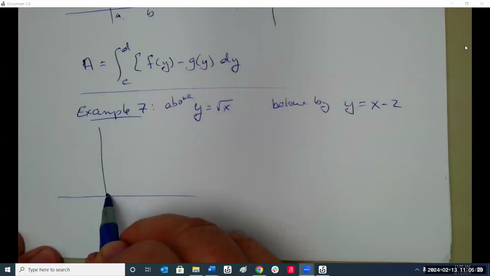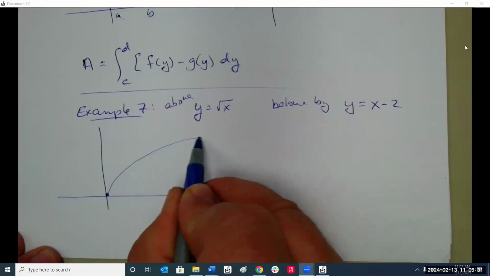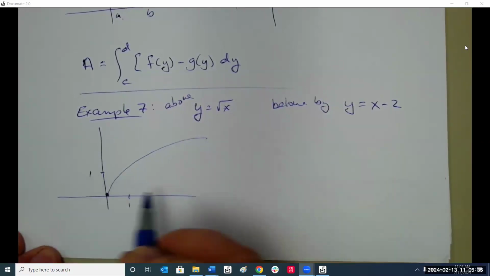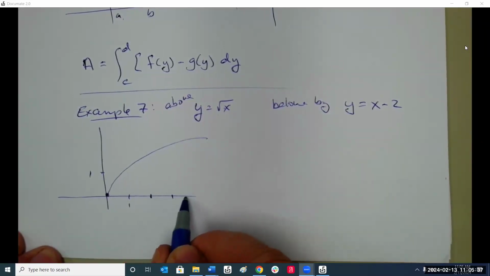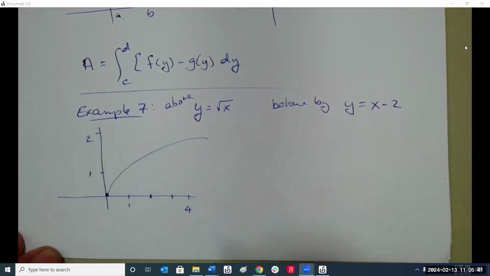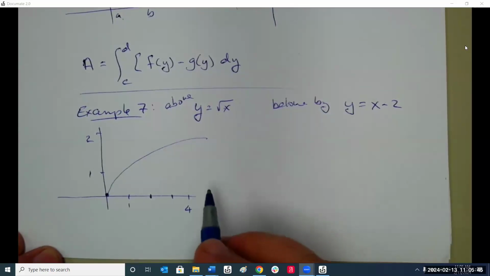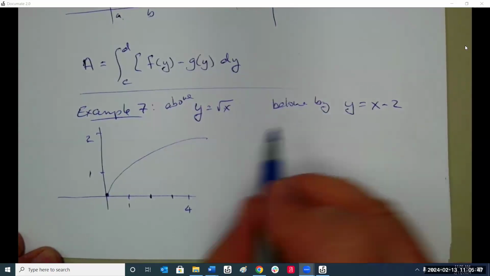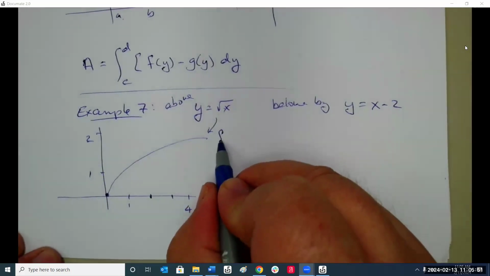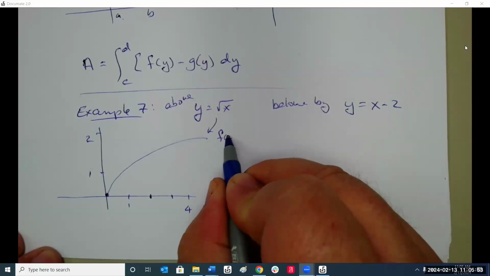So the first one, we have when x is 1 and y is 1. 1, 2, 3, 4. When x is 4, y is 2. And so that's the above. That's our f of x. Our f of y now.